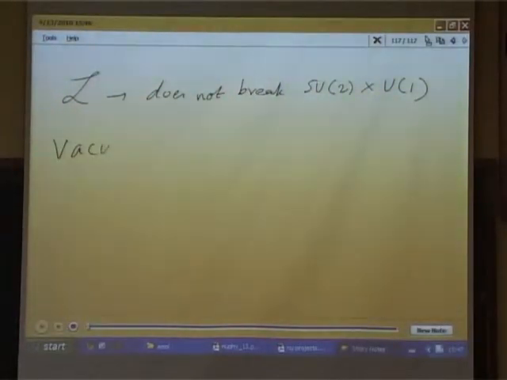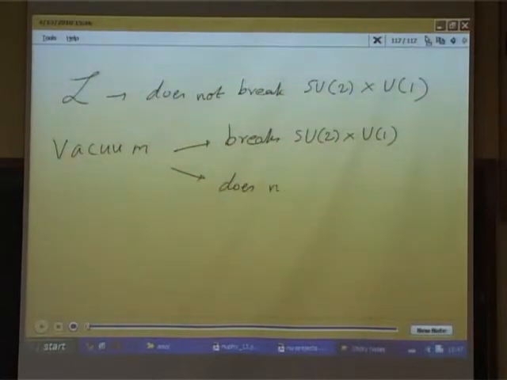The vacuum breaks SU2 cross U1. But it does not break something that looks like T3 plus Y by 2.